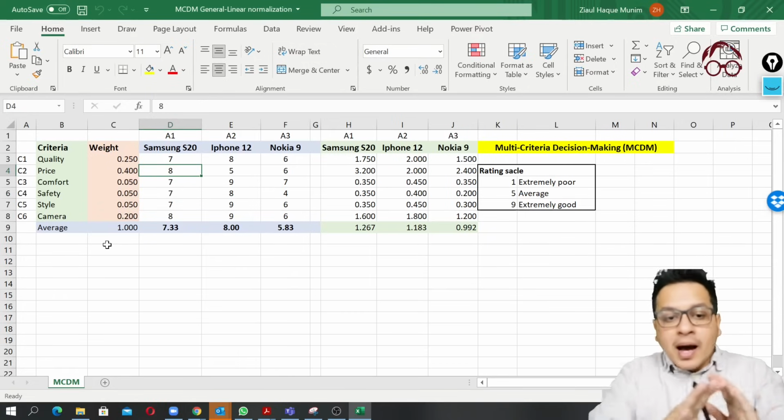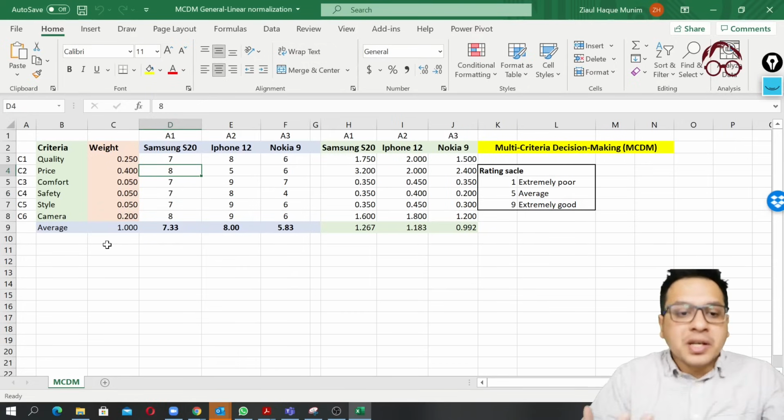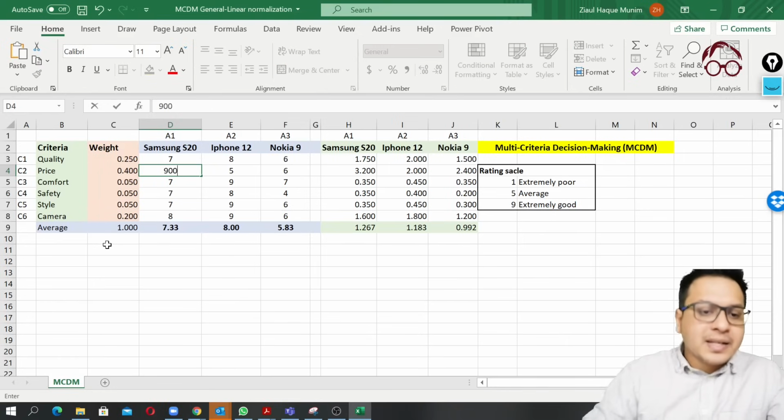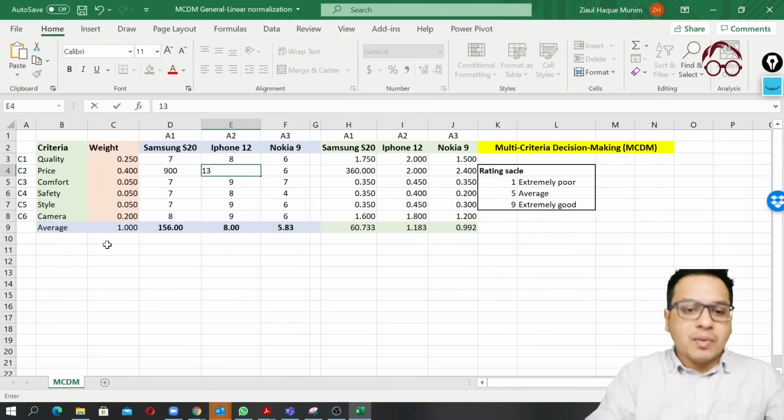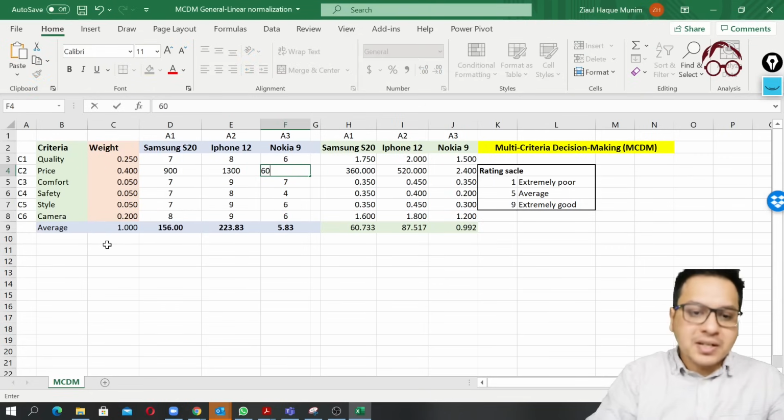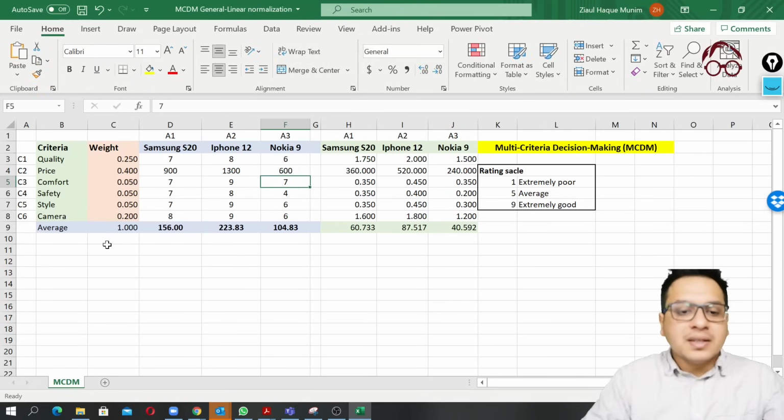For other criteria, we are maybe using a 1 to 9 scale, where 1 means poor and 9 means really good. But for price, we can maybe use the real data. For example, if I put 900 here, and then 1300 here, and 600 here. So let's say this is our real price data, right?